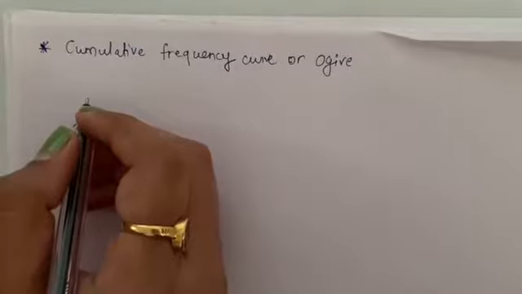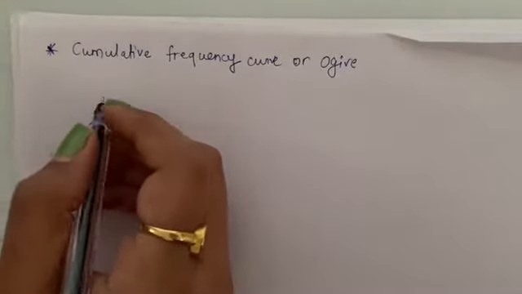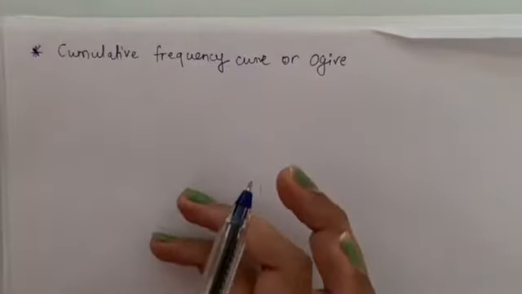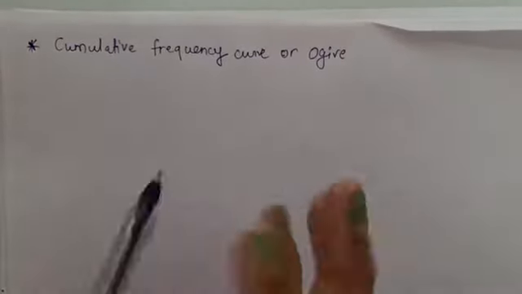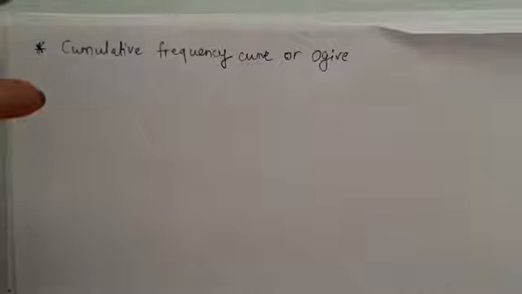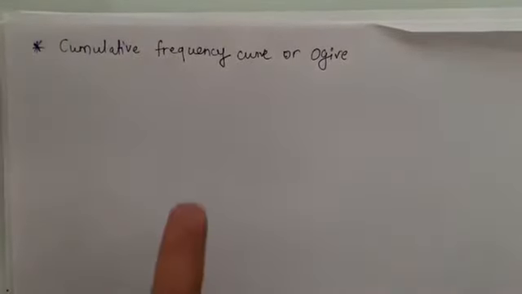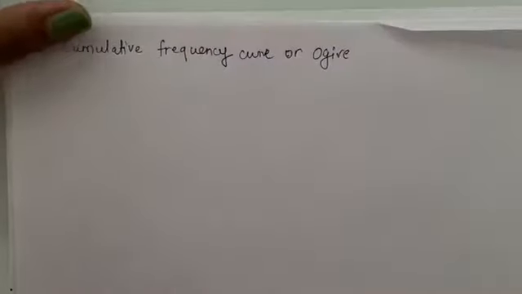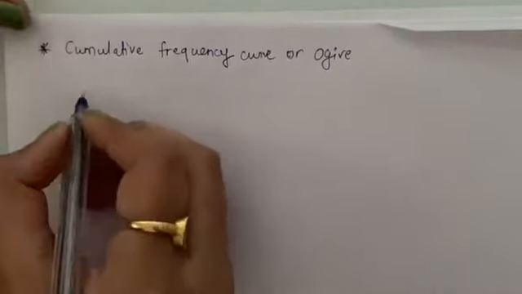Now, this particular graph will contain two types of graphs. One is less than Ogive and one is greater than Ogive. That depends on your question, but how to draw that I am showing.